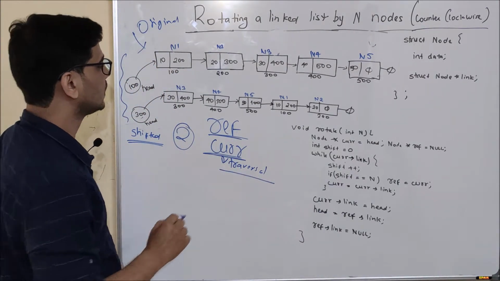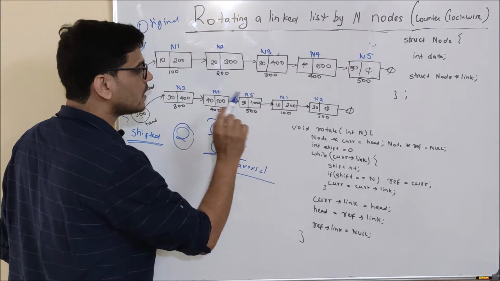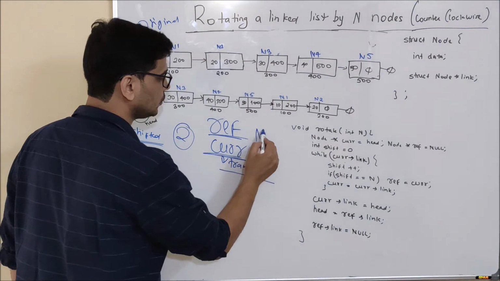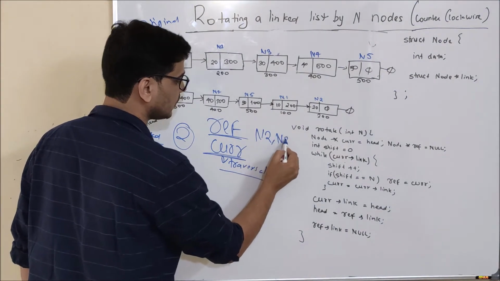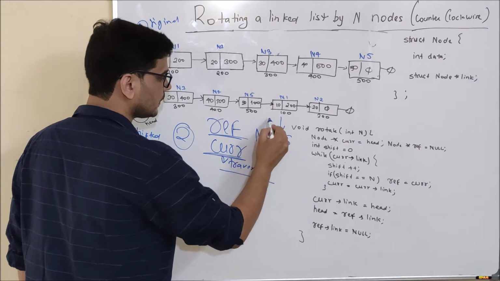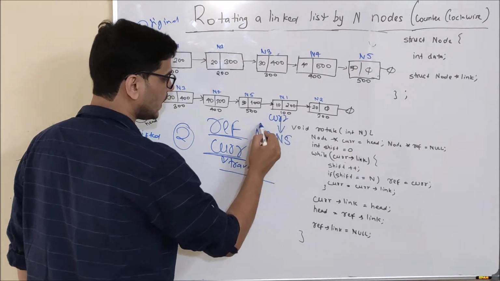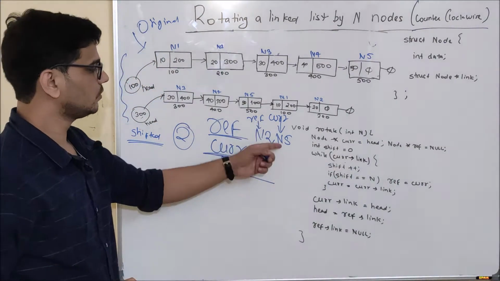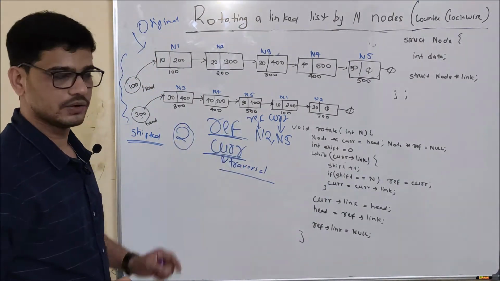See, there are two nodes which I am updating here: one is node 2 and the second is node 5. So when the traversal is done, current will point to node 5 and reference will point to node 2.